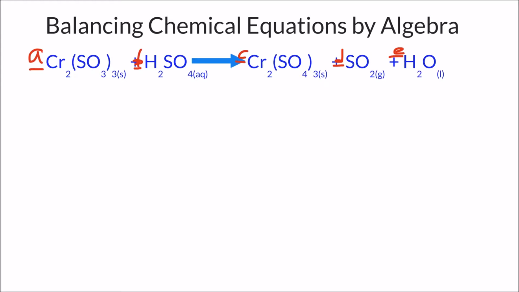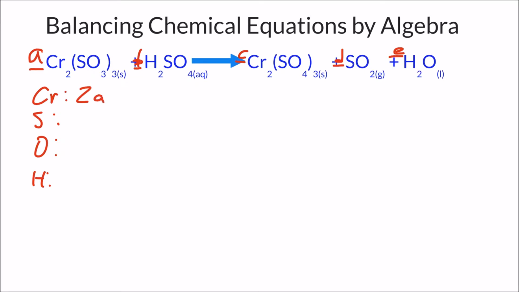So let's see, we want chromium, sulfur, oxygen, and hydrogen. Alright, so chromium, you take the number of that element, so we have 2 here, and then you're going to multiply it by the variable in front, right? So we've got 2a.